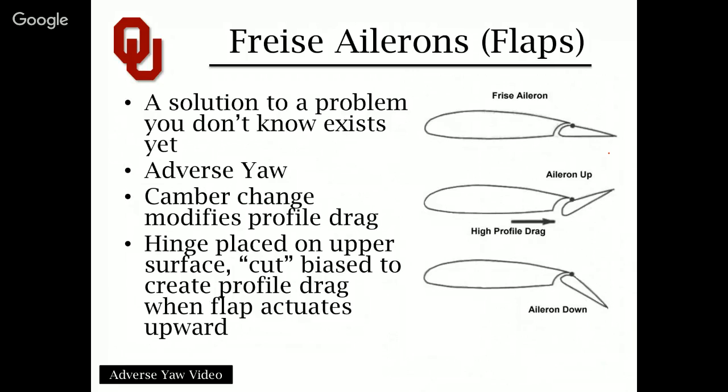So Frise ailerons in a mechanical system help oppose this change. Whenever the aileron is going down on a Frise system, it's pretty typical. There's nothing so strange about that. The special nature of Frise ailerons is where you put the hinge line.